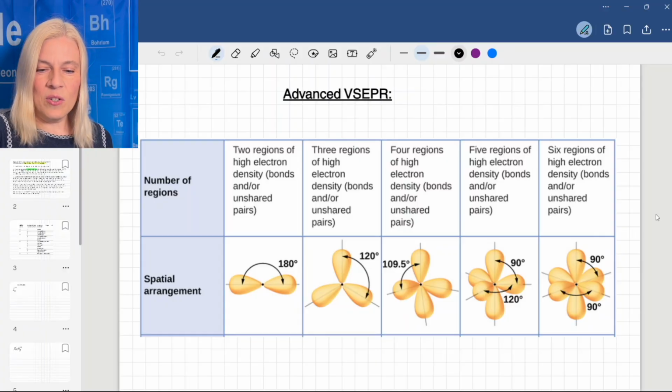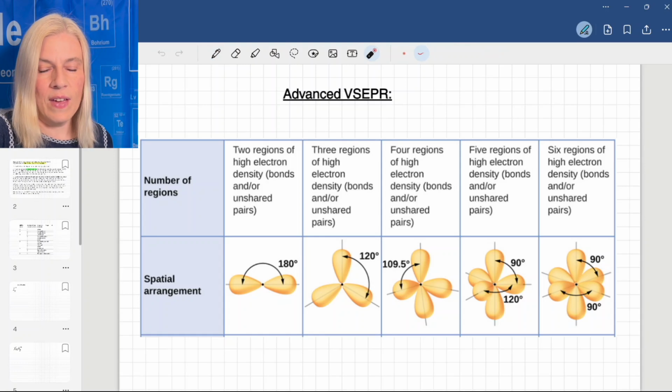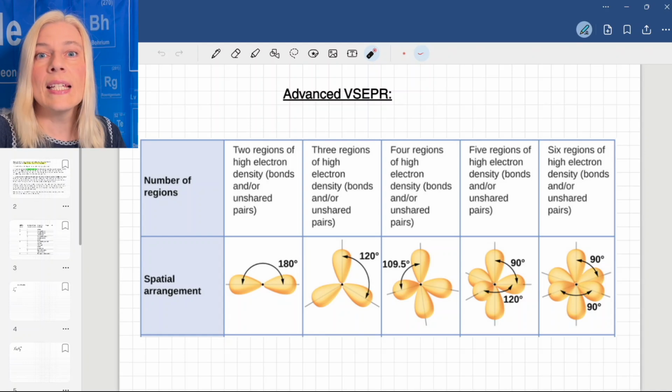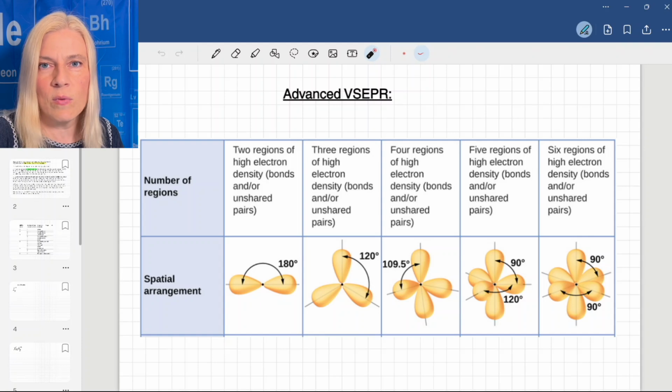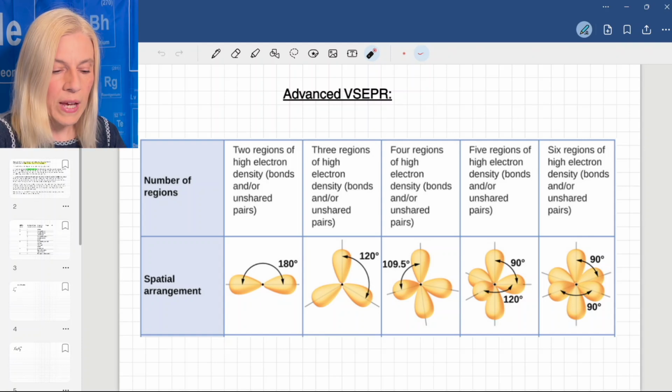A quick review. We learned about electron domains: a single electron pair is considered one electron domain; a single bond, double bond, and triple bond are each considered one electron domain; and a lone electron, sometimes, not often, is also classified as one electron domain.